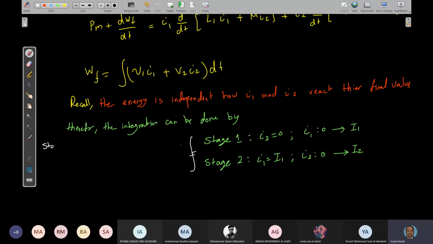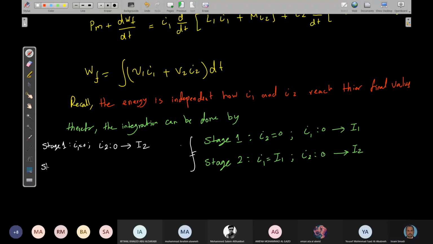I will reverse the stages. In stage number 1, I will say that I1 equals 0, and I will evaluate the integration as I2 is changing from 0 to its final value.